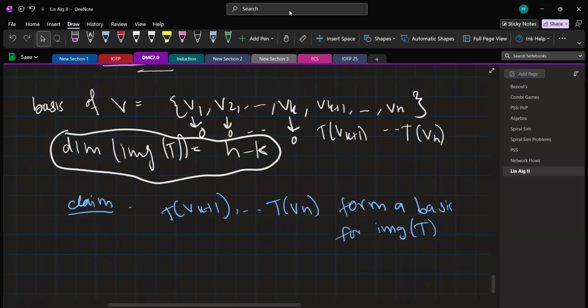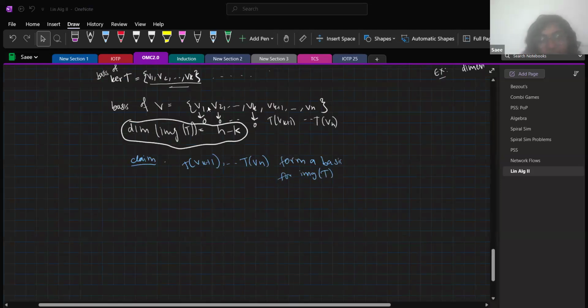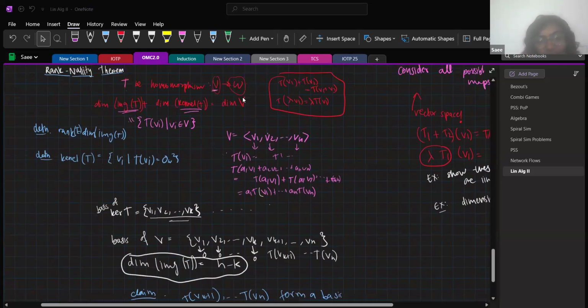If the transformed Vk's form a basis for the image of T, can we undo the transformation and say the Vk's form a basis for T? Is that something allowed? Undo is not something you can always do, right?